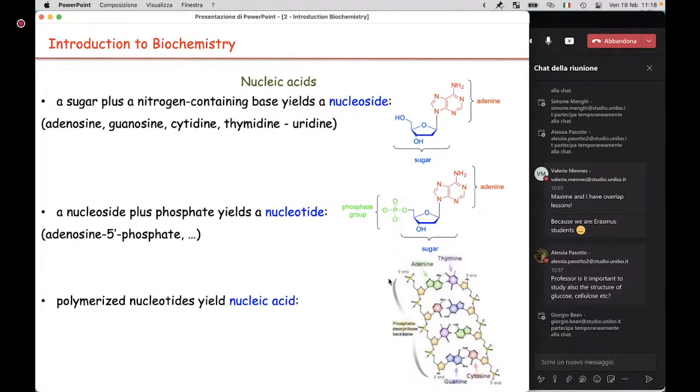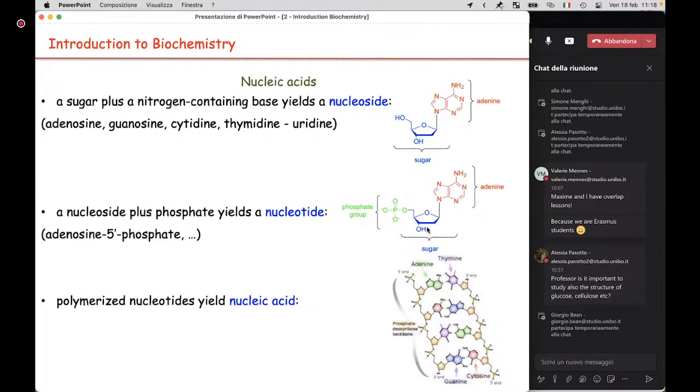Typically, two DNA chains are coupled together and kept together by coupling corresponding bases. Here you can see in different colors the different nitrogen-containing bases. Here you can see the building block: the base, the sugar, and phosphate.